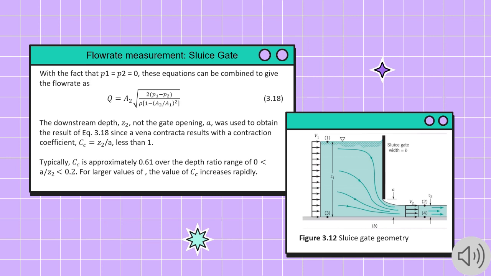Next is the flow rate measurement in sluice gate. With the fact that P1 and P2 equal 0, these equations can be combined to give the flow rate as given.